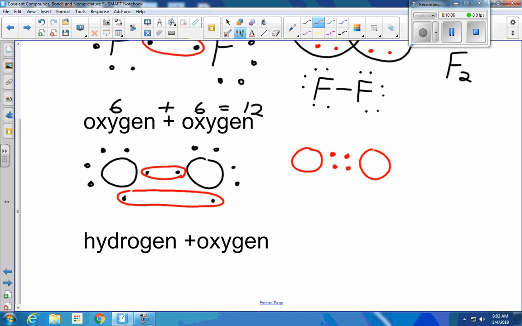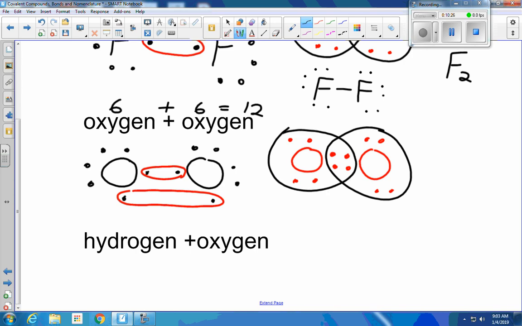The other ones, I'm going to spread them out a little bit. They can be rearranged. I'm going to move those to the outside. Now if I look here, this one has 8. And now this one has 8. The 4 that are shared are in between.